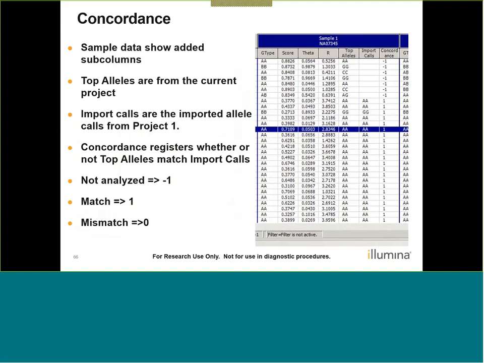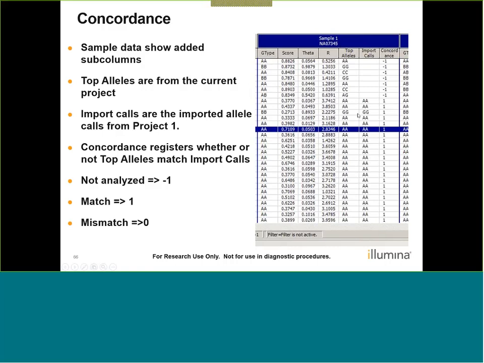Now once those are imported, what you will see are those 3 columns in the subcolumns for each sample. So in addition to the genotype call for each sample, you'll have the top alleles imported for each sample, the import calls for each sample, and then whether the call between the sample and the import was concordant.